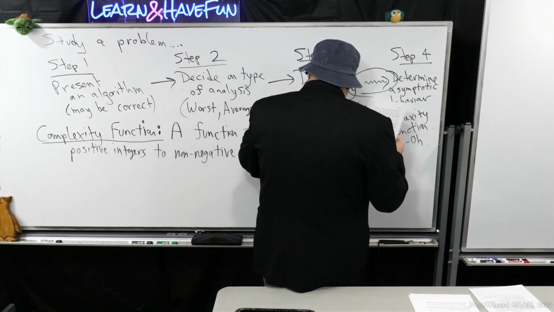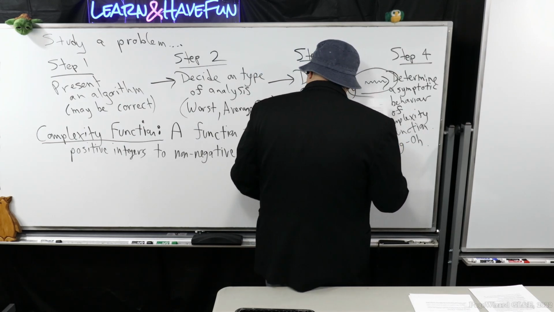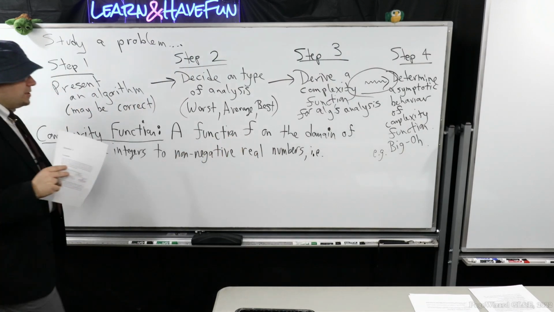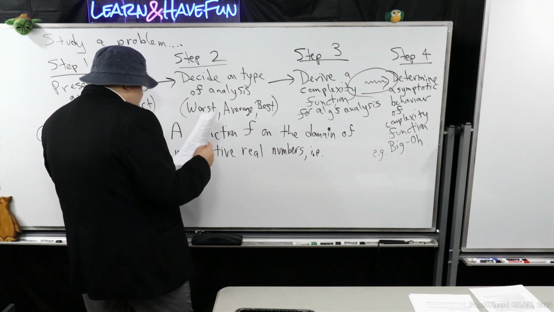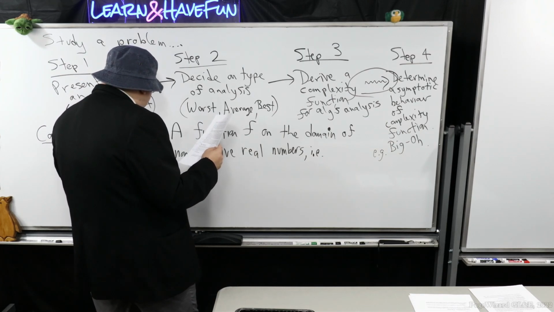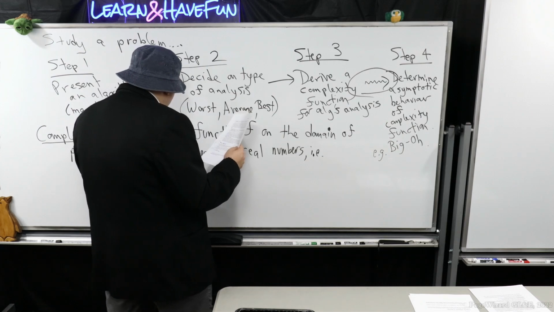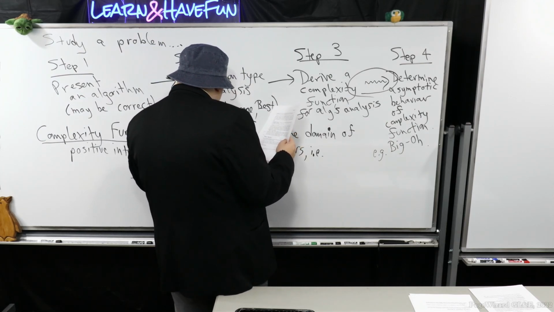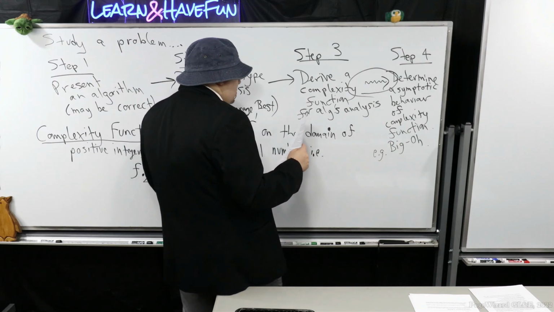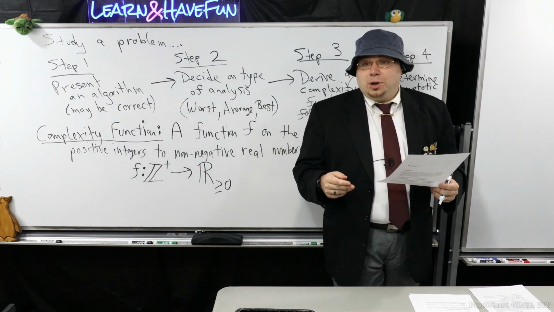For those that like so-called mapping notation for functions, what I'm telling you is that this function takes as input a positive integer, and as output, it spits out a non-negative real number. These are real numbers that are 0 or larger.